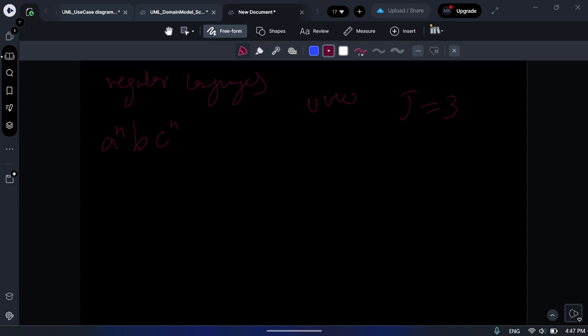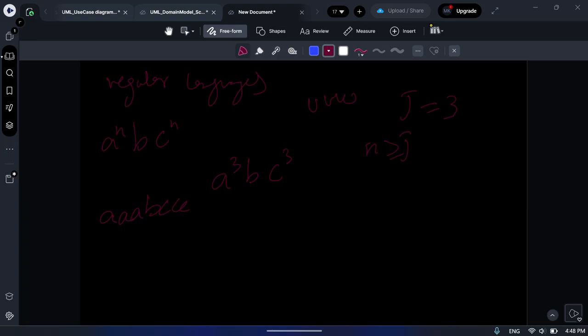I get to select a string in the language where n is bigger than or equal to j. Since j is 3, let's choose n equals 3, and our string becomes a to the power 3, b remains the same, c to the power of 3, which is of course 1 2 3 b 1 2 3.